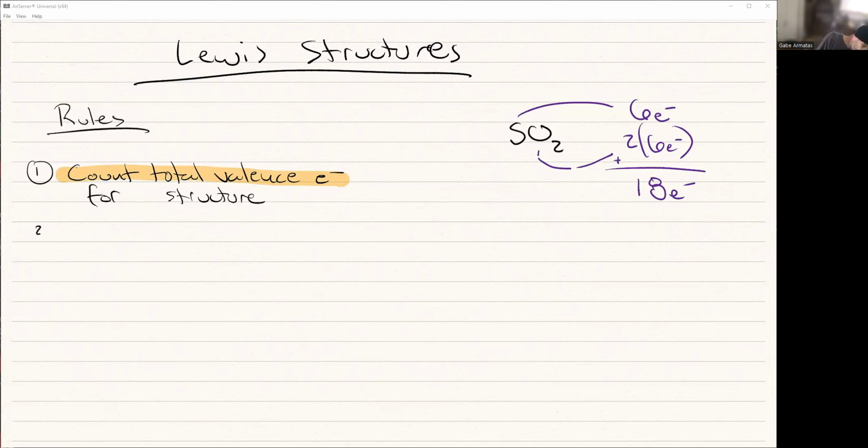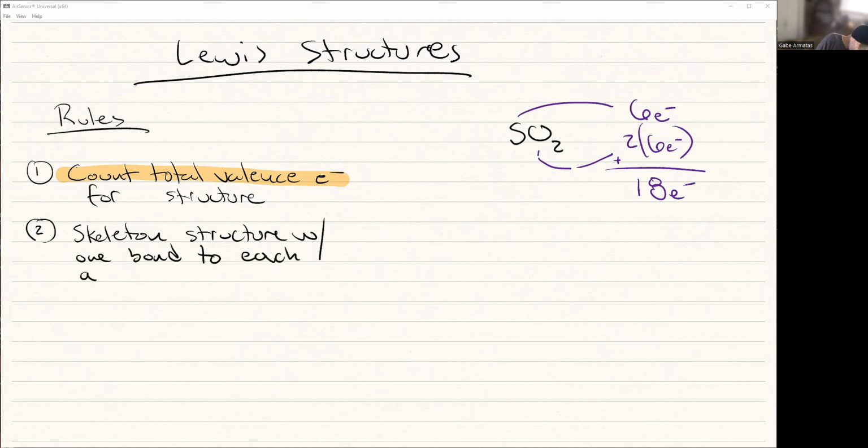Step 2, we are basically going to create a skeleton structure with 1 bond to each atom from the central atom.